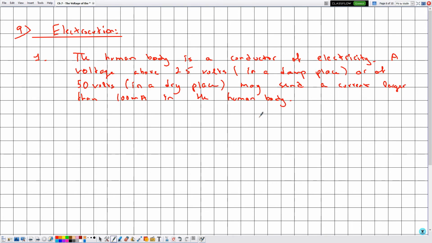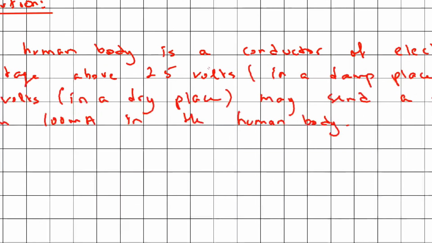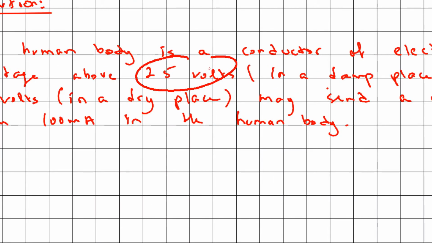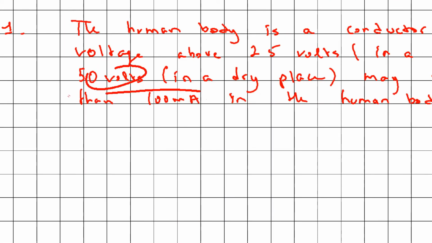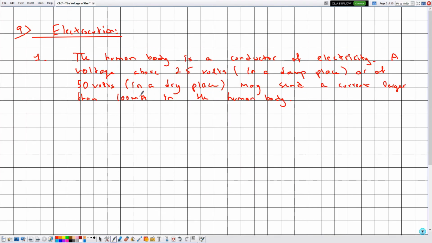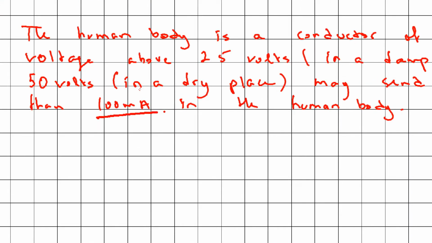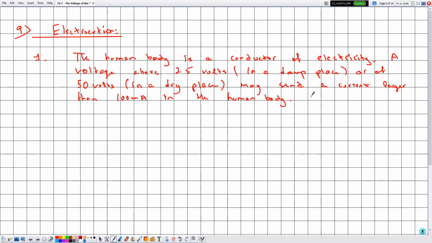So in other words, the human body can be considered as a resistance. In case the applied voltage is given by 25 volts in some places or 50 volts in other places, then the transverse current, in this case according to Ohm's law, is given by 100 milliamperes. This current is sufficient to cause electrocution, which may lead in some cases to death.